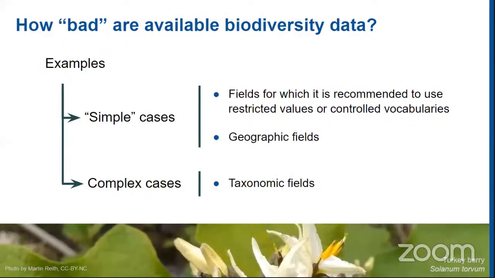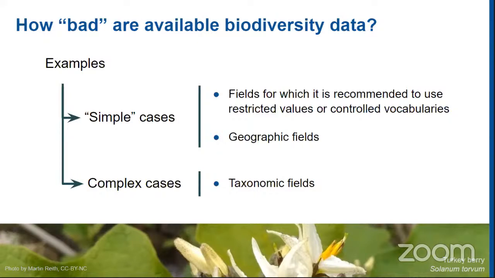And the question that I want to pose to all of you is, how bad are the data that are available out there? And to answer this question, I want to show you some examples, both related to some simple cases, what we can think of as simple cases. On one hand, for some fields that are recommended to use controlled vocabularies or restricted values.